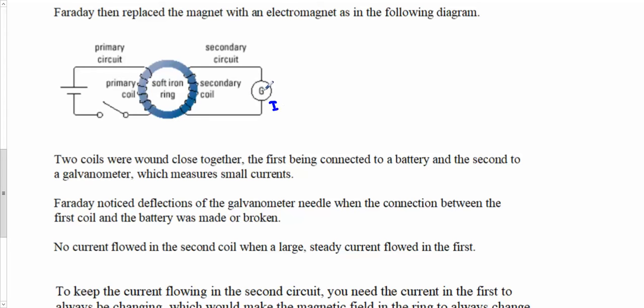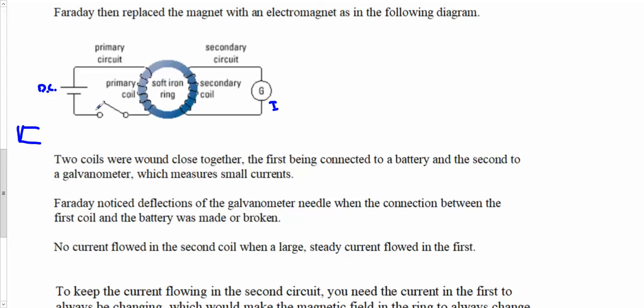This thing measures very small currents. So what he did was when he turned this on, the current goes from 0 up to some value very quickly, and then becomes constant because this is DC current being made.